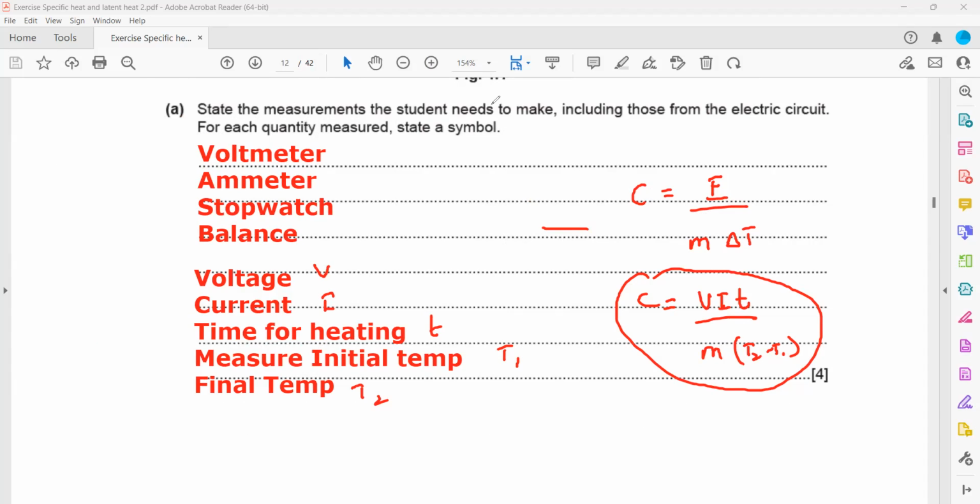The only difference is that we don't need to state the symbol for each quantity measured. We have to measure voltage, current, time, initial temperature, and final temperature. And then we include the symbols as well, like the equation symbols. It's the same answers. It does not make any difference.